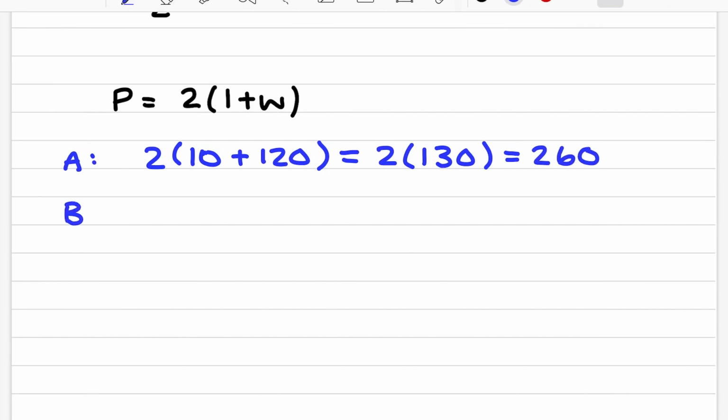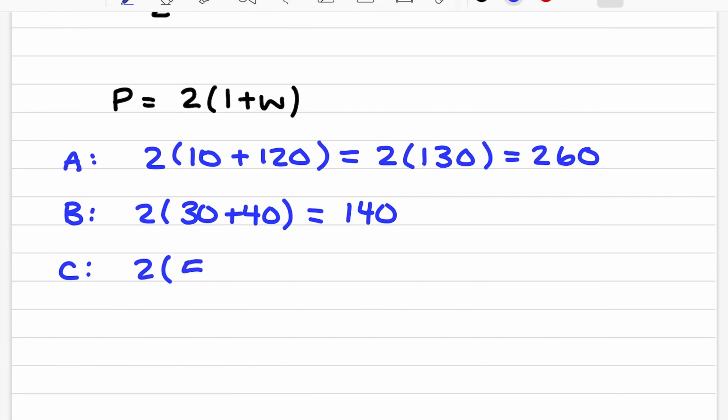B is 2 times (30 plus 40). So that's 2 times 70, 140. You can do this all on your calculator. I'm just going to write it out anyways. 2 times (50 plus 24) is going to be 2 times 74, which will be 148.